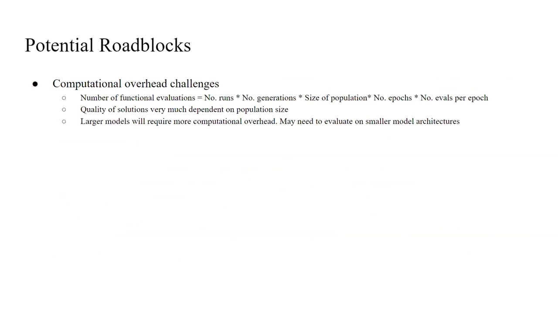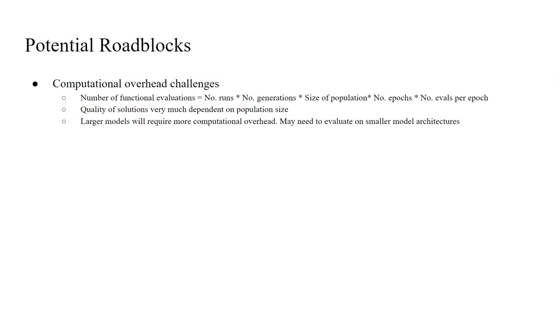Some potential roadblocks for this problem: the computational overhead is a bit complicated, because the number of functional evaluations is equal to the number of runs, and for each run you have some number of generations, and for a given population size you need to run a number of epochs for each individual in the population, and for each epoch there will be some evaluation.